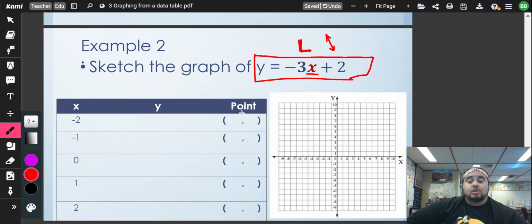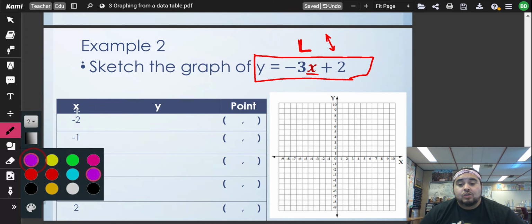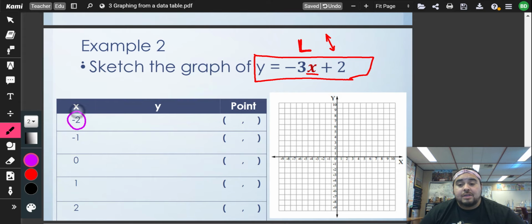Okay, so now we're going to plug numbers into that equation. So I'm going to take all of my x values here, -2, -1, 0, 1, and 2. Now again, those are our x values.